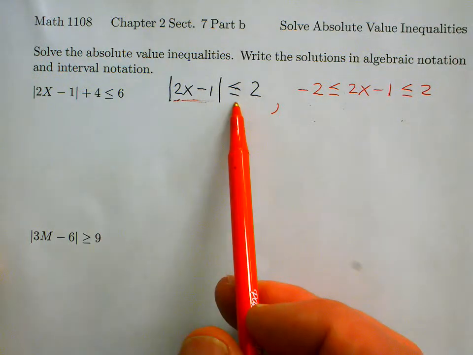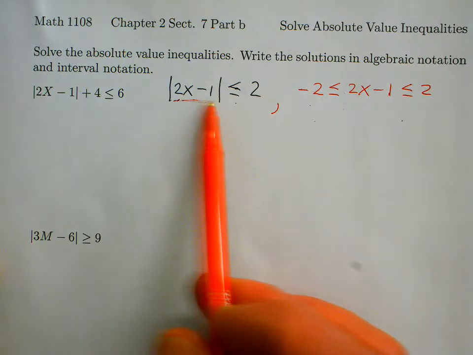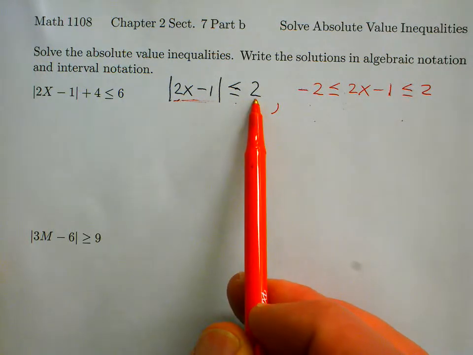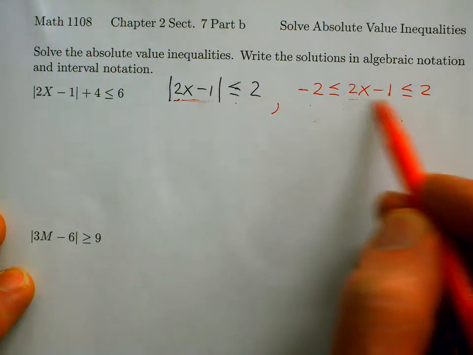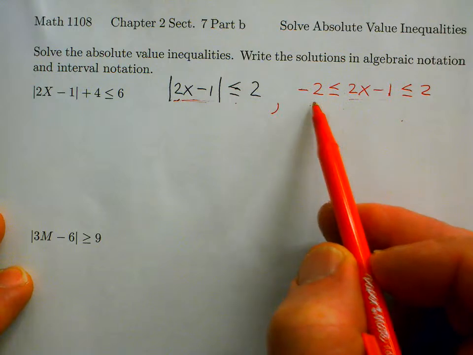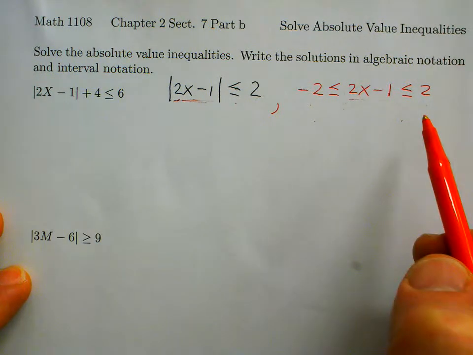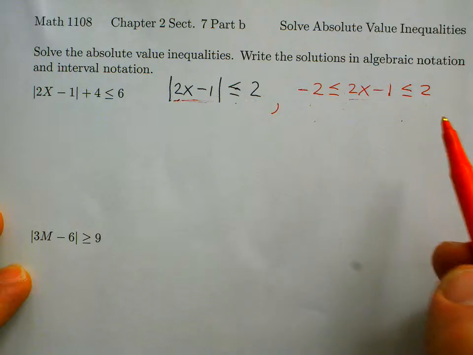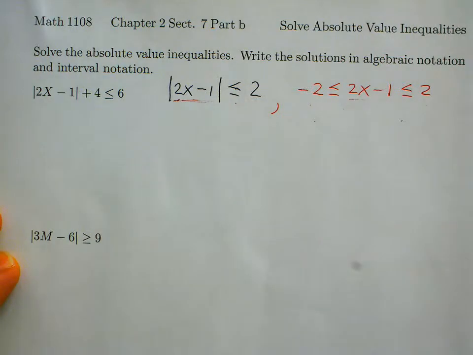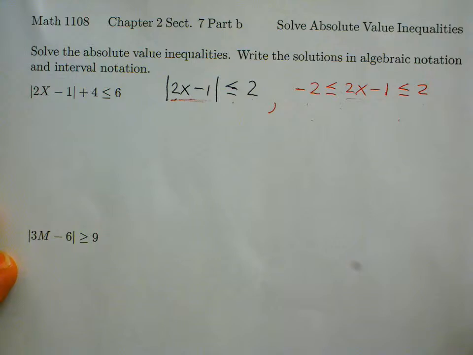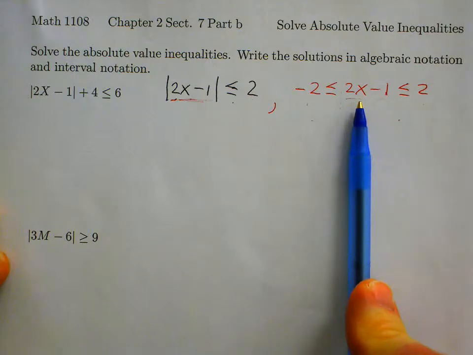Because if the absolute value of 2x minus 1 is less than or equal to 2, then 2x minus 1 has to be between negative 2 and 2, including the endpoints. Does that make sense? This is just a little bit more complicated than the corresponding basic example that we did a few minutes ago.